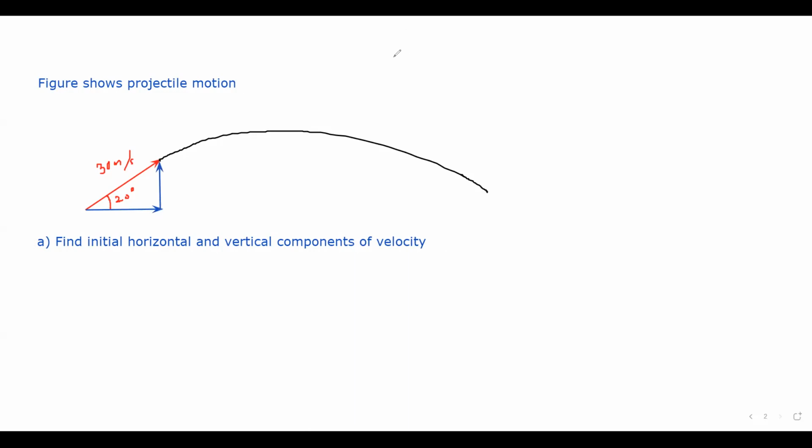U is the starting speed, the speed at which it is launched. So it is launched with a speed of 30 meter per second, and making angle theta, that is 20. The horizontal component, I'm writing h here, is given by u cos theta. So u is 30 and cos 20.